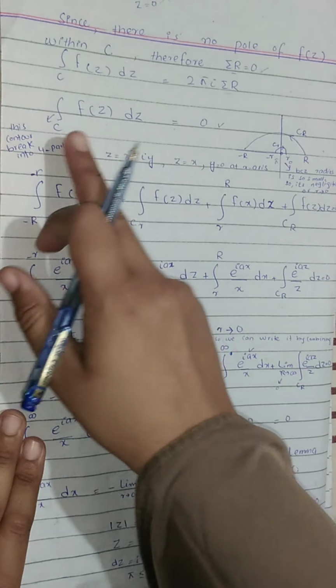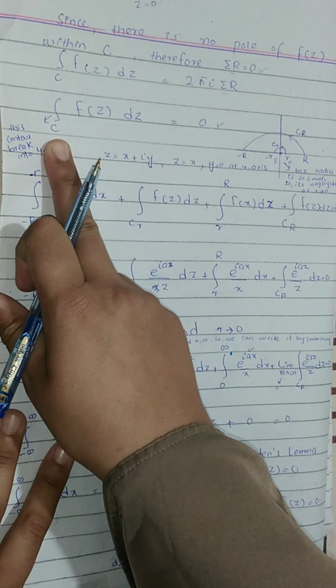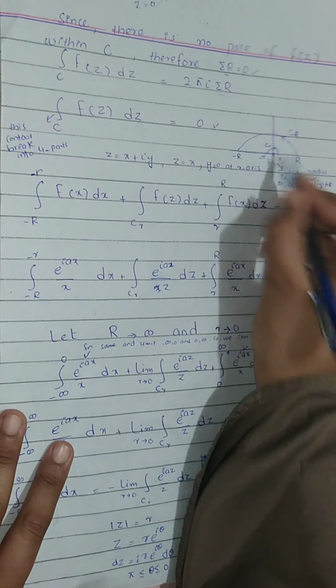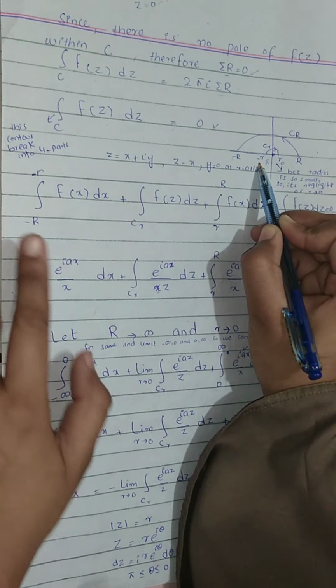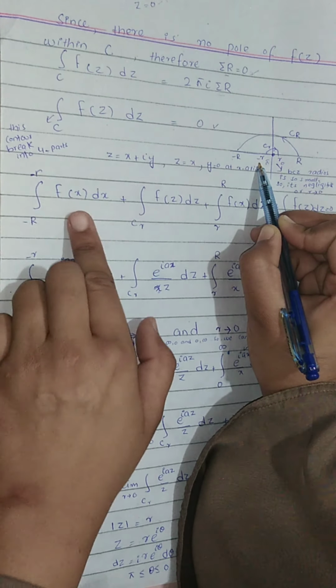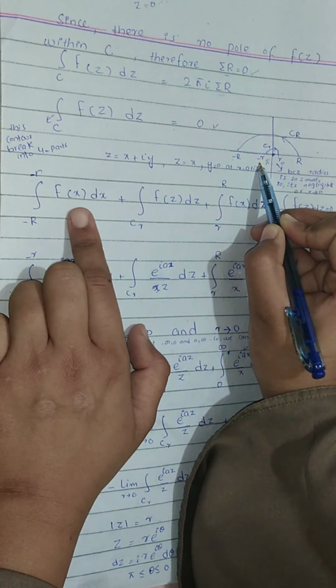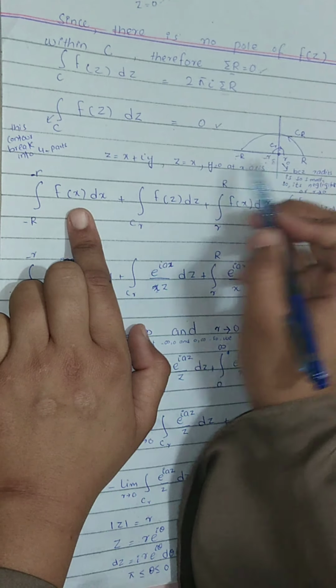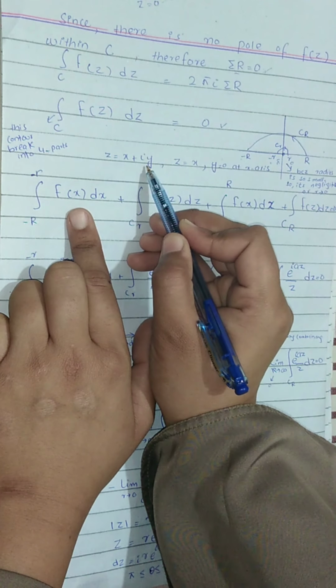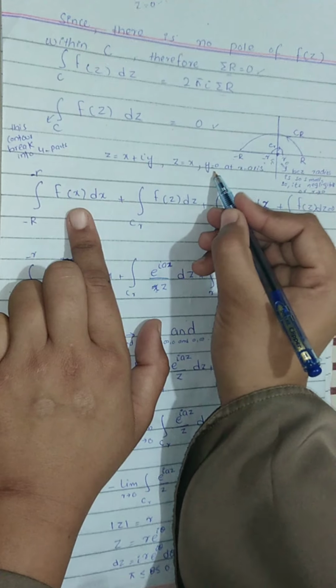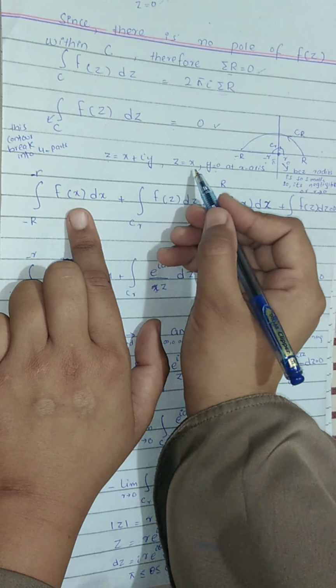We divide this contour into 4 parts by excluding this point. First, from minus r to minus r, f(x) dx, because our function lies along the x-axis. Since z equals x plus iy, along the x-axis y is equal to 0, so z is equal to x.